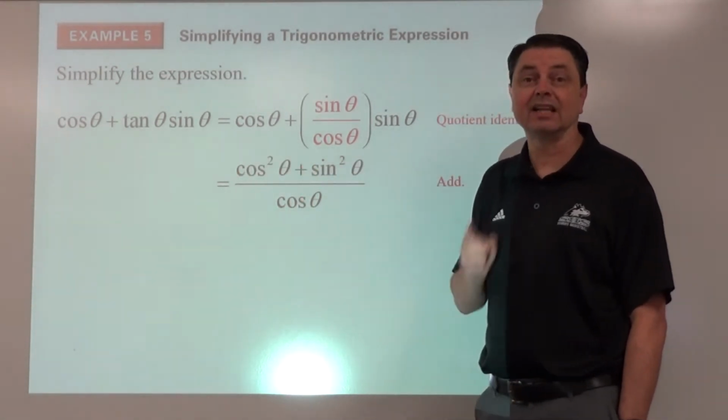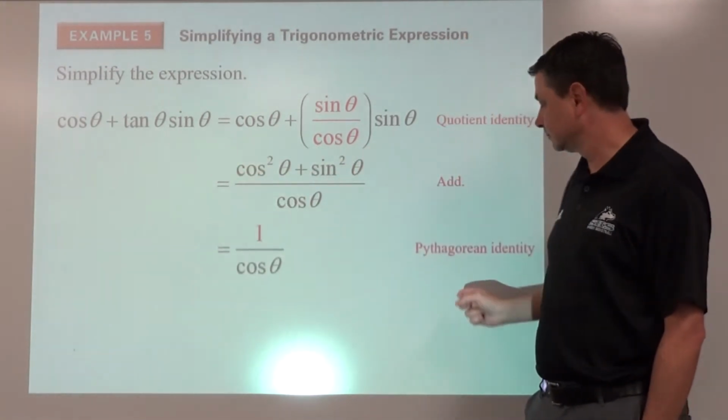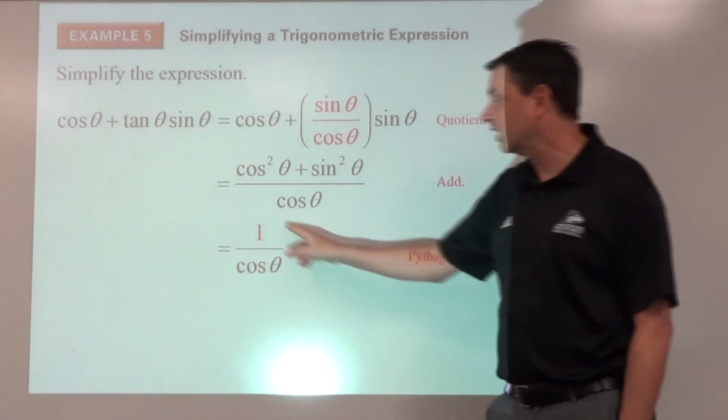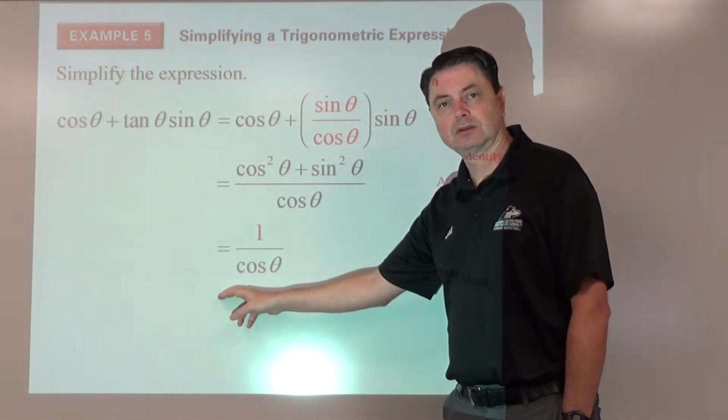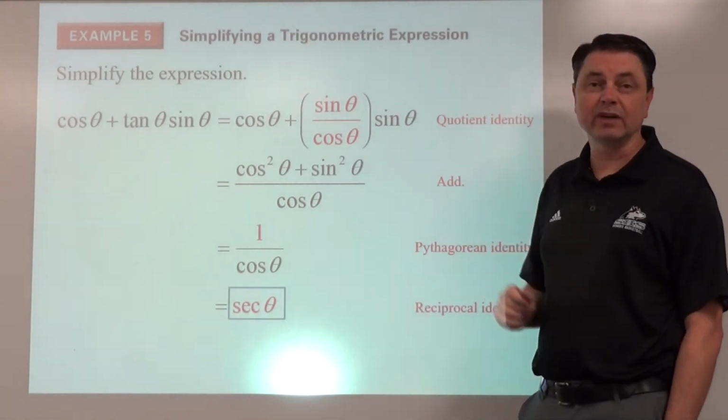You should recognize that. That's the Pythagorean identity. This is 1. And now we have a reciprocal situation where we get secant theta. So we want to simplify as far as we can go.